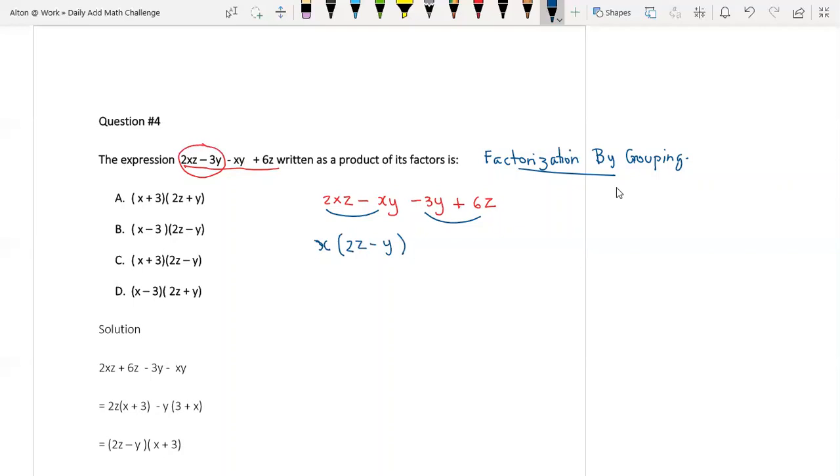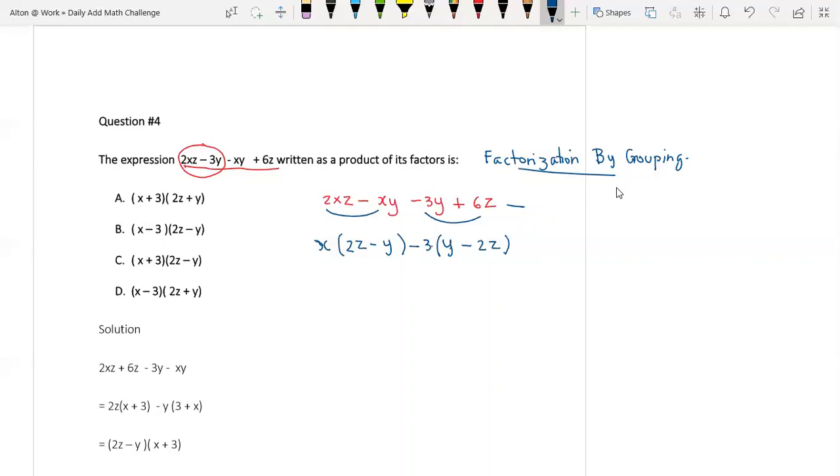And let's see what's happening here. Let's attempt to take out minus 3. And we're left with y minus 2z. Now let's double check that. When you expand your brackets, you should get back what you have above here. Minus 3 by y is minus 3y.